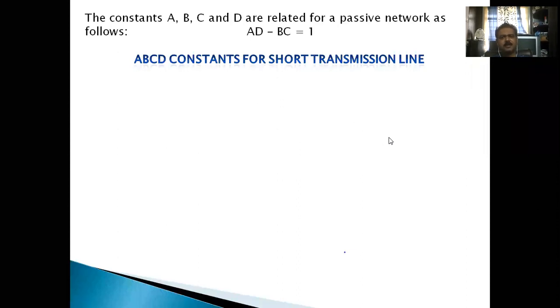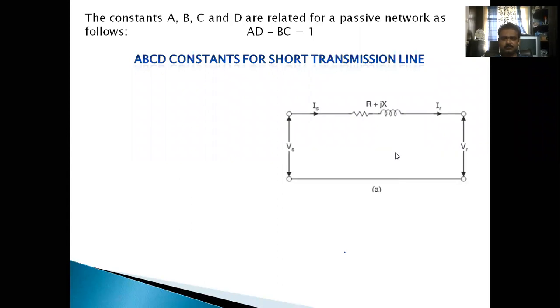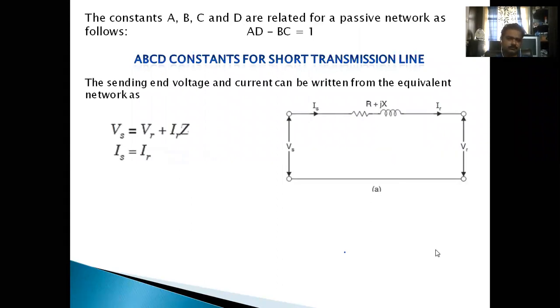Now the ABCD parameters for a short transmission line. The sending end voltage and the receiving end current can be represented from the network.